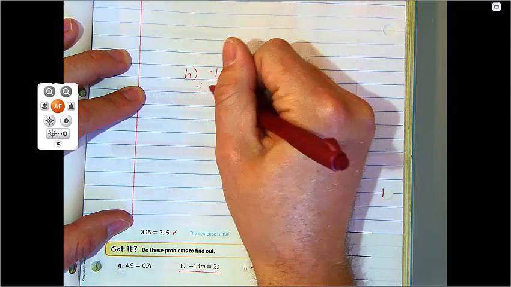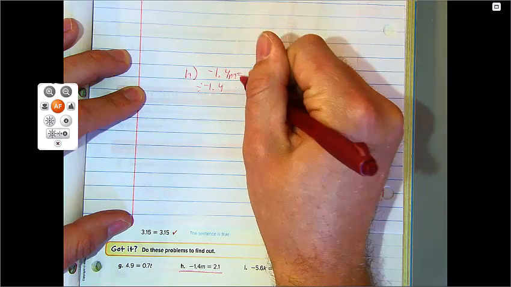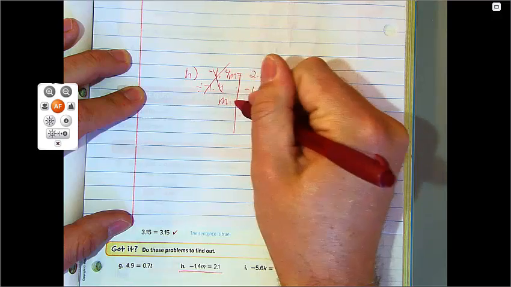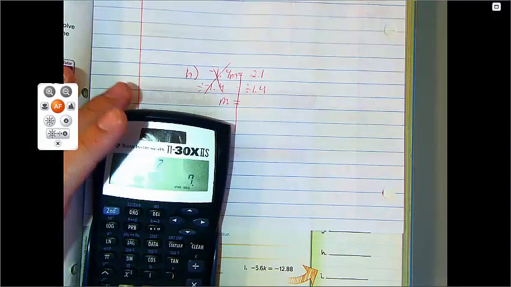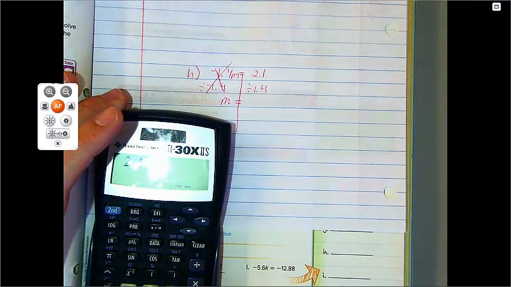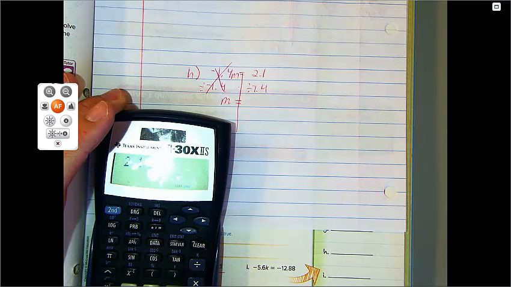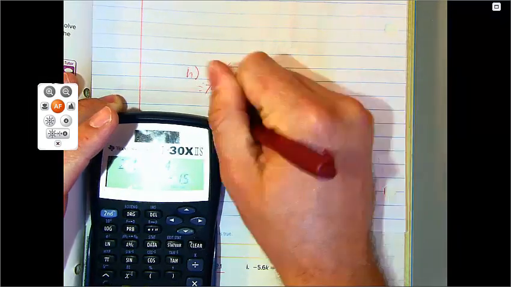I divide both sides by negative 1.4. Those cancel, leaving me m or 1m equals 2.1 divided by negative 1.4, which gets me negative 1.5. So that's what you should have gotten.